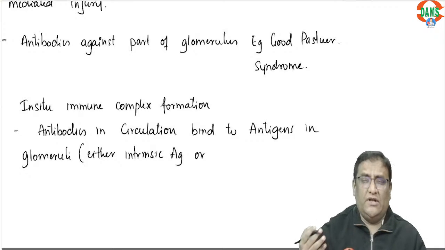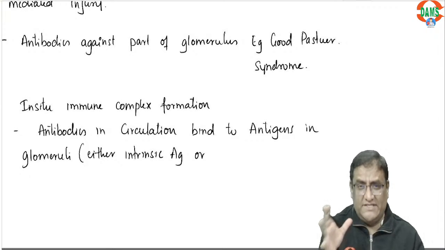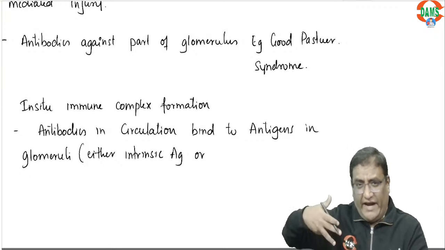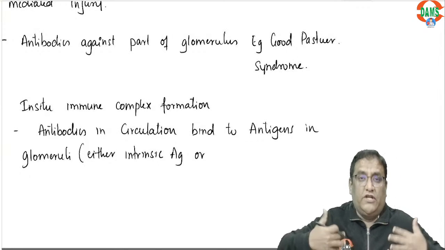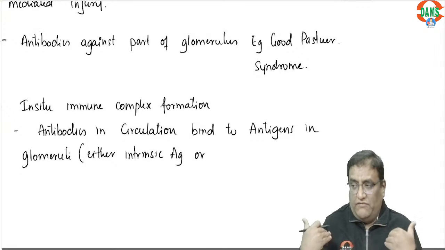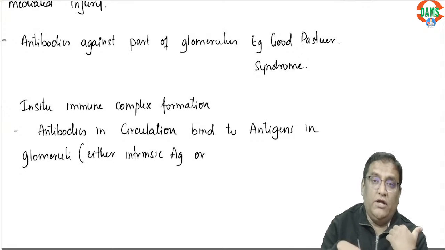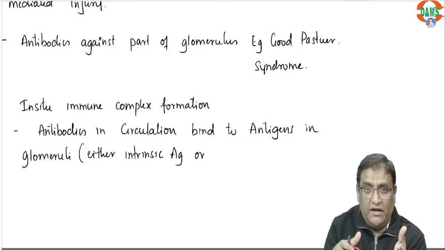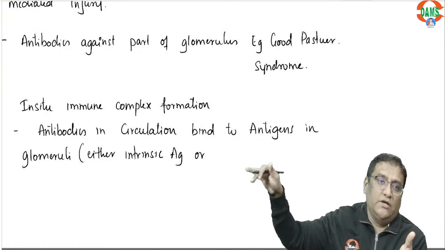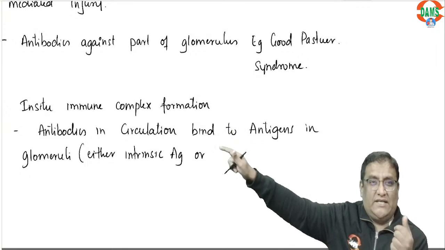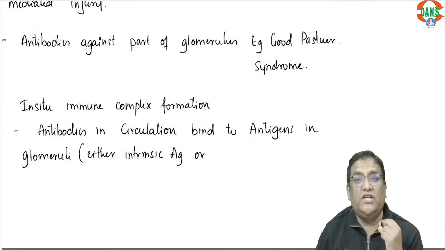I'll not give you diseases as of now. Suppose there is an antigen from within your body, in your kidney only. The antigen from within your body has got deposited in what? Mesangium or kidney, anywhere. And then the antibody against that will end up forming an immune complex. The classical example of an intrinsic antigen is IgA nephropathy.